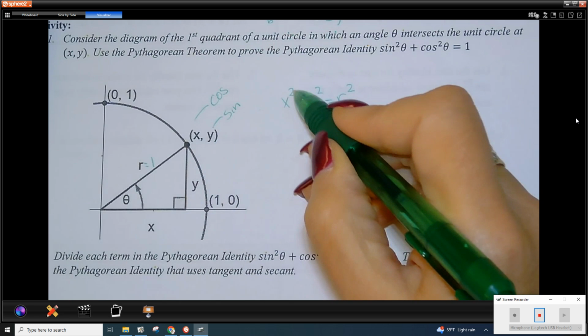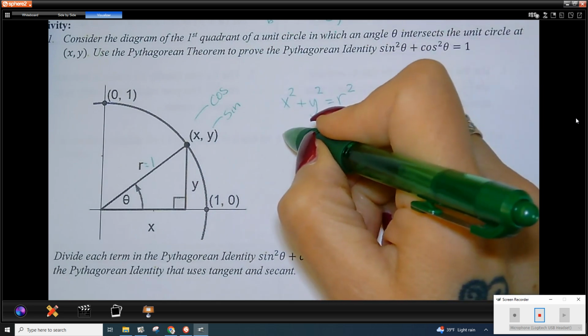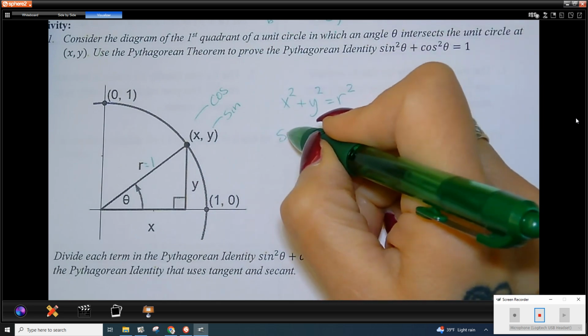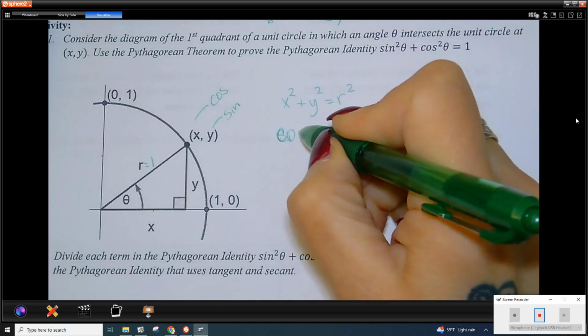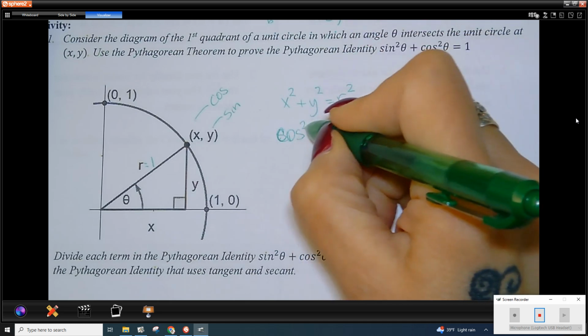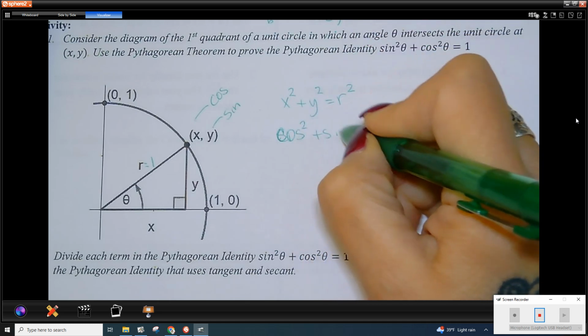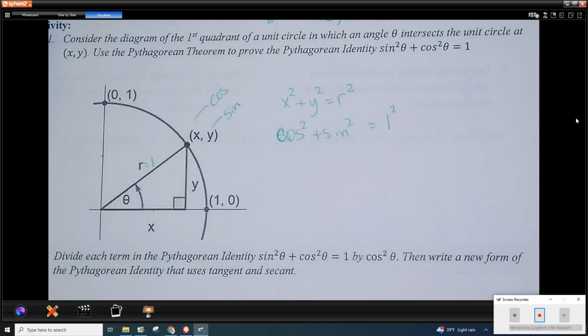So I could just replace this and say cosine squared is x plus sine squared equals 1 squared.